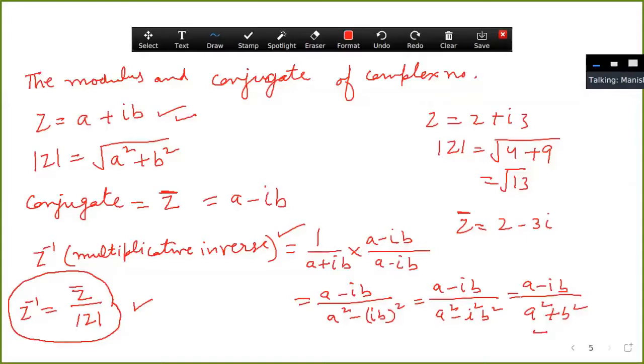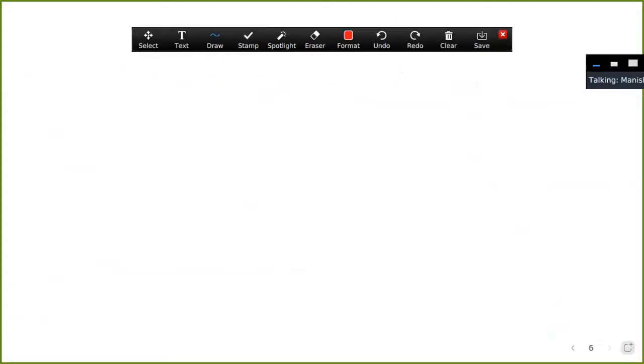Let's do a few questions. Find the multiplicative inverse, example number 5 of NCERT. Find the multiplicative inverse of 2 minus 3 iota.